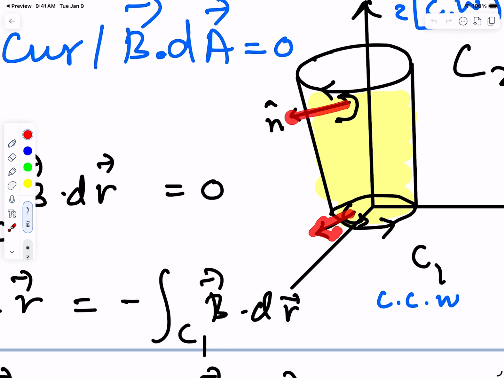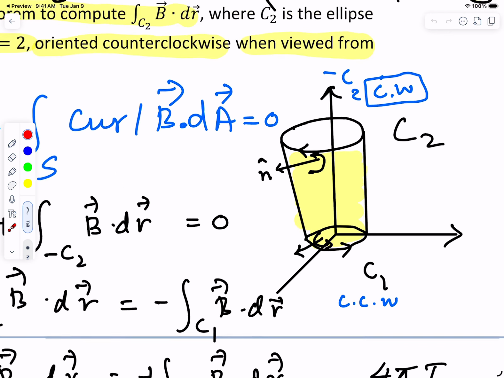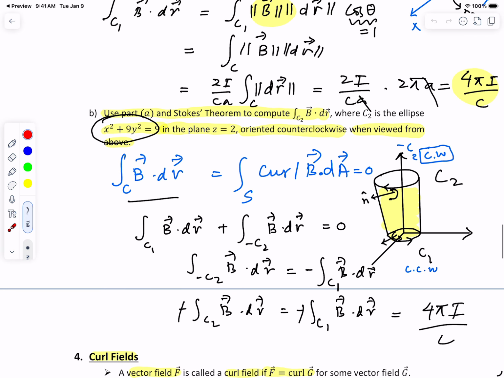And if I draw a normal that points outward, this is the right hand rule. So this curve has orientation which is clockwise. That's why this guy is equal to this one plus negative C2. So if you remove this negative sign, this becomes negative, and then you have integral over C2. That's why I'm saying that this sign must be negative over there.